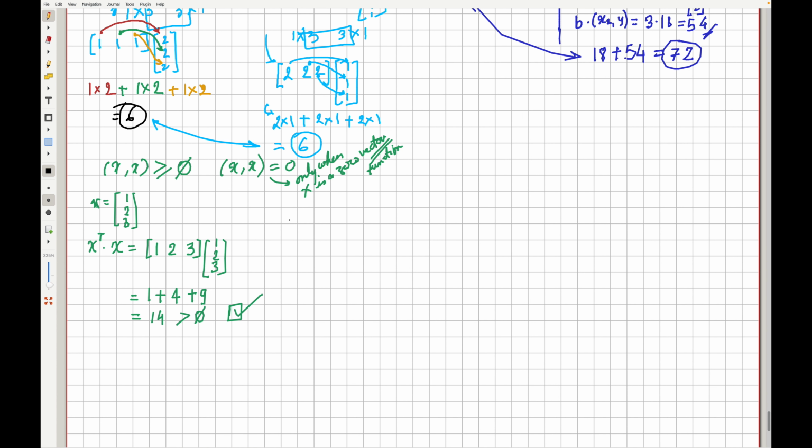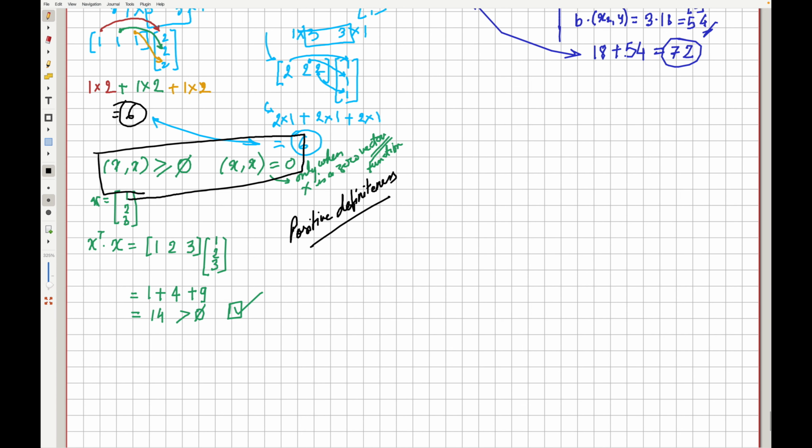And this last property we looked at is positive definiteness. And here we are simply saying that this has to be true. So those are the three main properties, and we already looked at some of the examples.